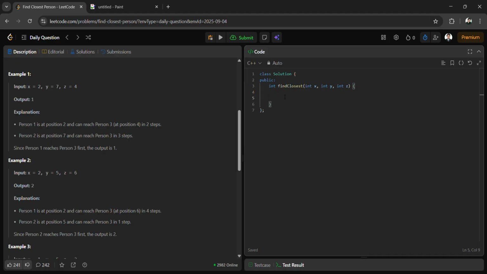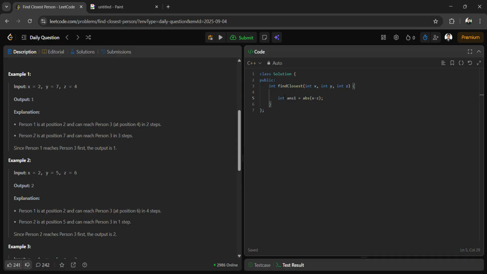First of all, let's define int answer 1 equal to the absolute difference of x minus z, which we calculate for the first person.